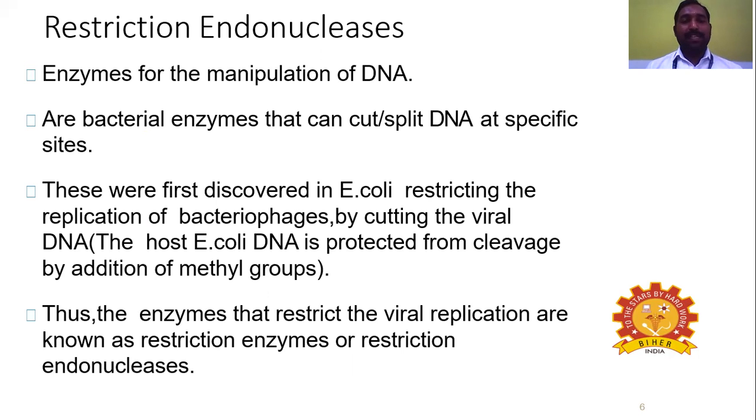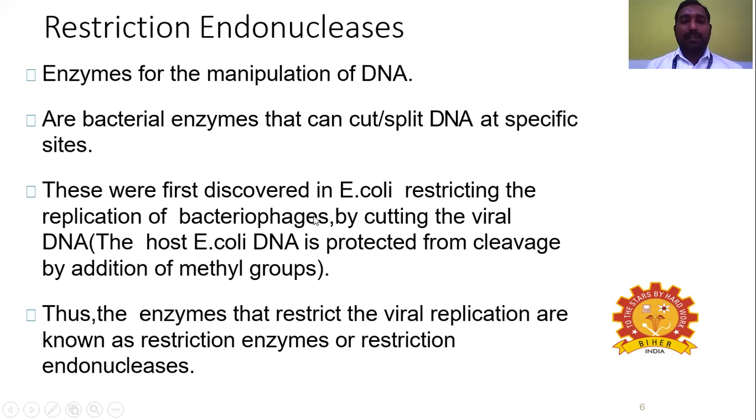This mechanism enables the bacterial cells to prevent the bacteriophages, or viral particles, from replicating again and again and destroying the E. coli cells, that is, the bacterial cells. The E. coli DNA is also protected from cleavage of its DNA by using a methyl group.